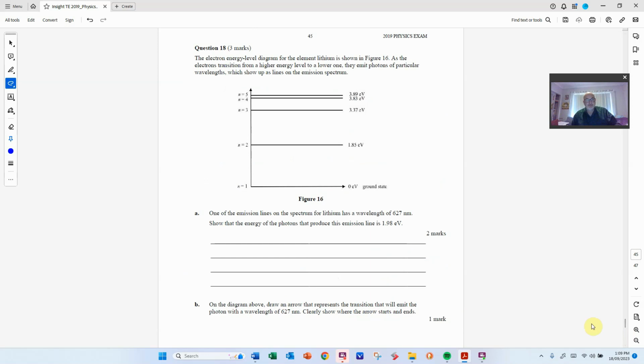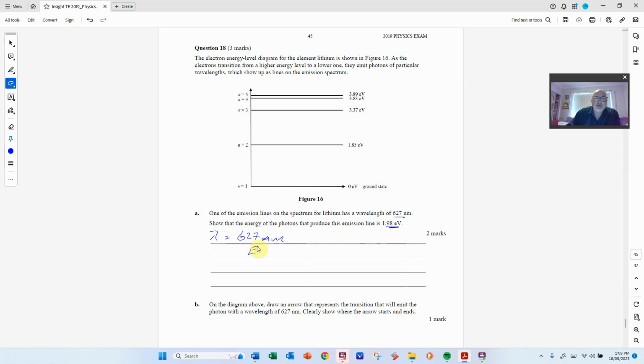Question 18. We know that in an electron energy level diagram, going from a higher energy level to a lower one, they emit photons. Bog standard question. We've got a wavelength of 627 nanometers. Show that the energy of photons producing this emission line is 1.98 electron volts.